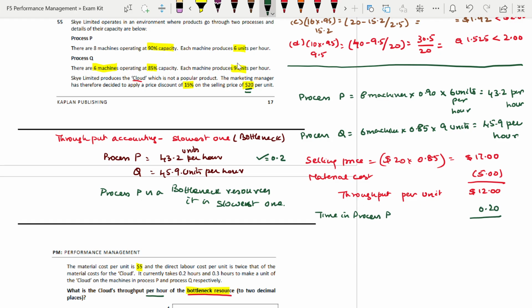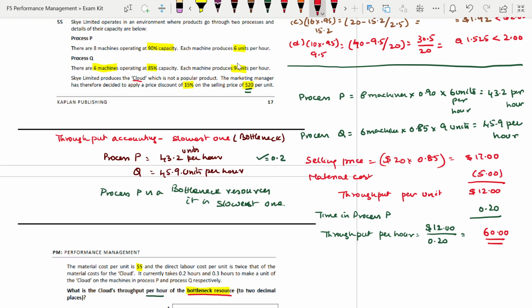Bottleneck resource's throughput per hour is 12 divided by 0.20. It comes to how much? Throughput ratio is 60.